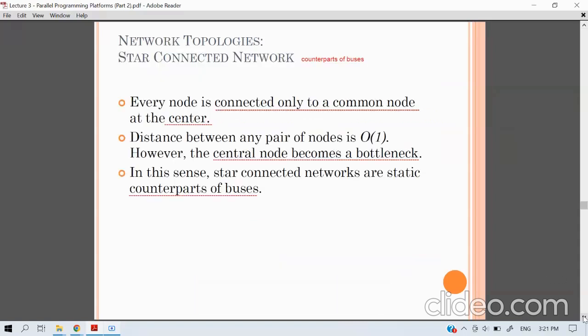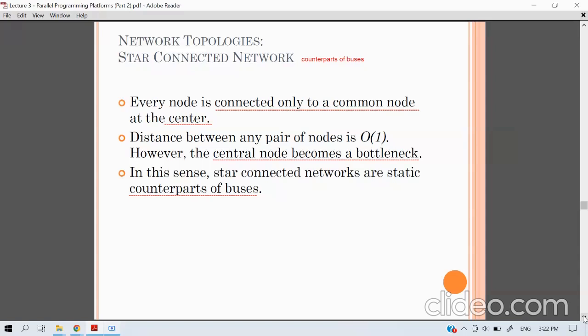Let's look at the description of the star connected network. Every node, as you can see before this, is connected only to a common node at the center. The center node is the controller to make the connection between the other nodes. So the distance between any pair of nodes is O(1). However, the central node becomes a bottleneck because of what?